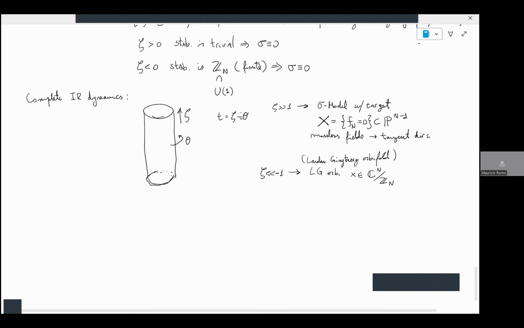So this is like a sigma model with this target space, but because the target space is non-compact, you are allowed to have a potential. And in this case, the potential of the sigma model, which I will denote W_LG, is simply this polynomial, remember, homogeneous of degree n.